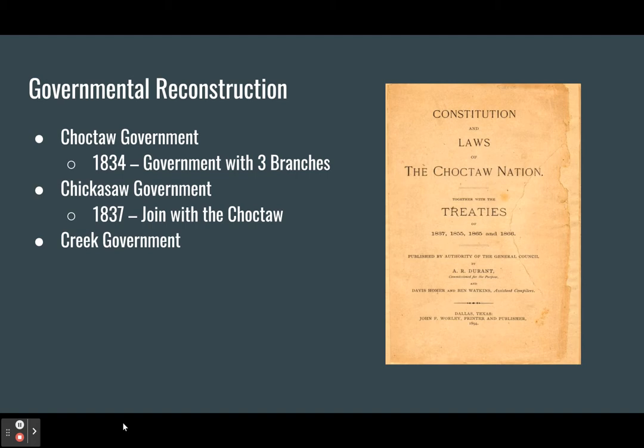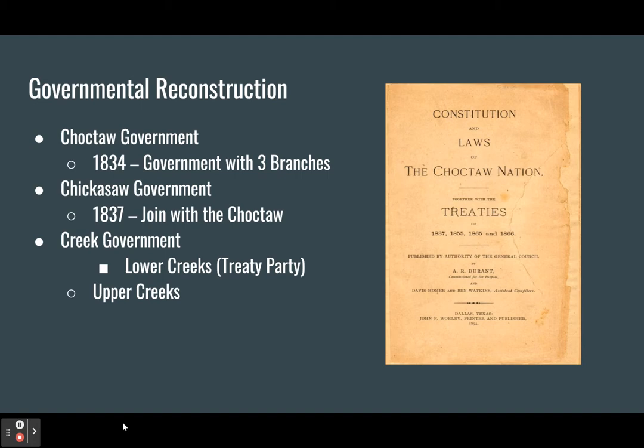They're the ones who are forced here, who show up because they really have no choice. The Upper Creeks will have a much larger number. When the Lower Creeks show up in 1826, there are only 2,500 of them. When the Upper Creeks show up, there are 15,000 of them.